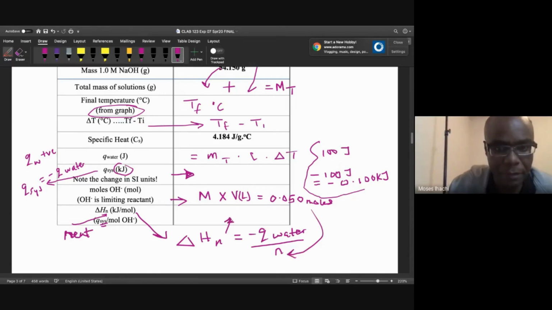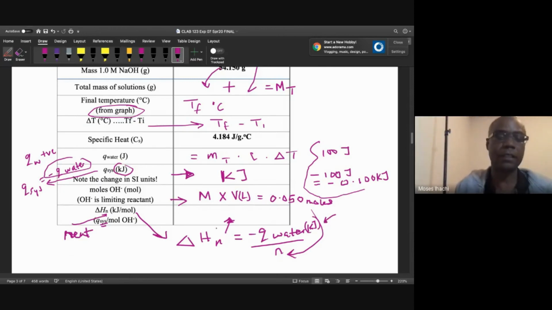But remember, this value must be in kilojoules, because you found it in kilojoules here. Q of the system is negative Q of the water, and it's given in kilojoules. I insist, you have to use kilojoules, not joules. You find delta H of N.